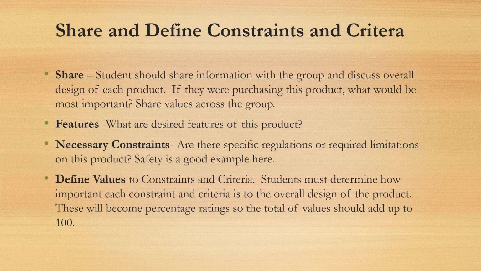This is a critical skill. This is a 21st century skill, and it's very important, I think, as students work in teams, to think about what is their value structure of these things, and those values might be different for other people, and that's okay. Can we come up with a universal standard for these things?